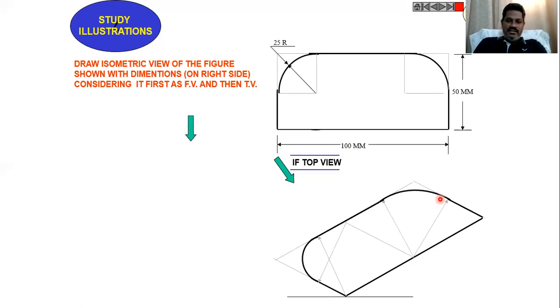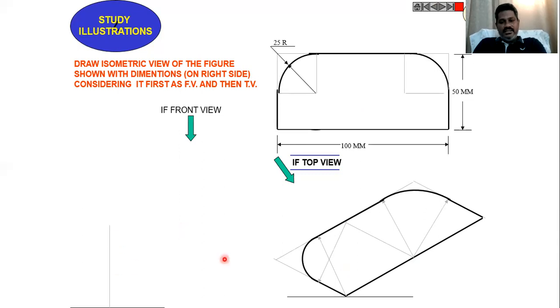Now let me draw the front view with the given dimensions. Same thing, but in this case we represented the width at an angle of 30 degrees from the top. When we see it from the top, it looks like this. When you see this figure from the front, we have the height and length.